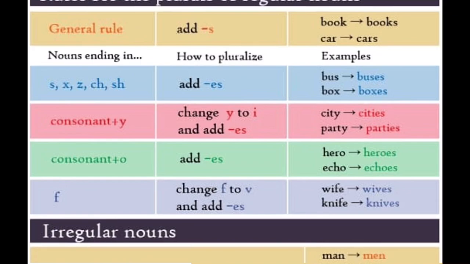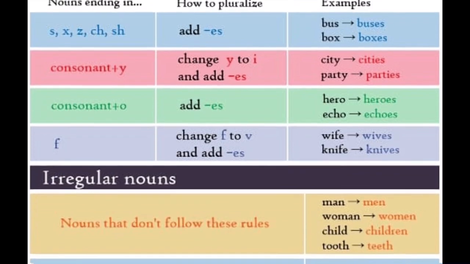It is ending with S. So we will add ES to it. Buses. It became plural. Box. It is ending with X. So we will add ES. Boxes. Similarly, bench. It is ending with CH. Benches. Fine. Brush. Ending with SH. Brushes. Moving on.